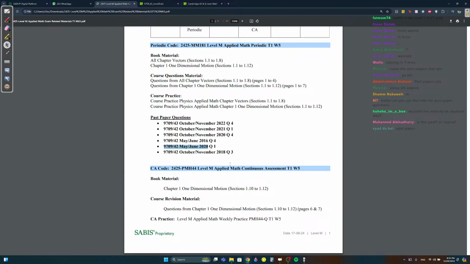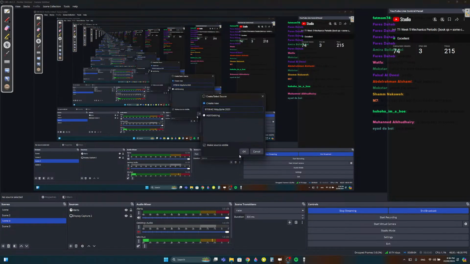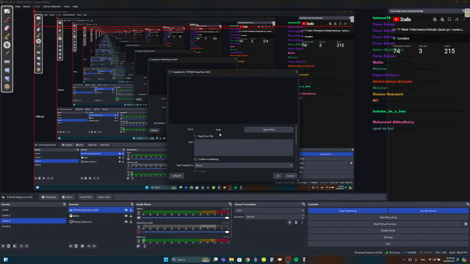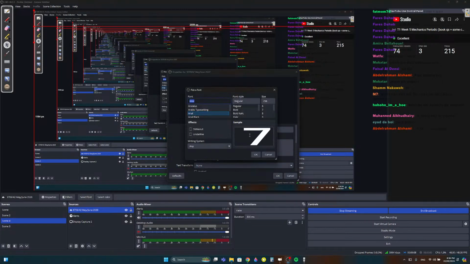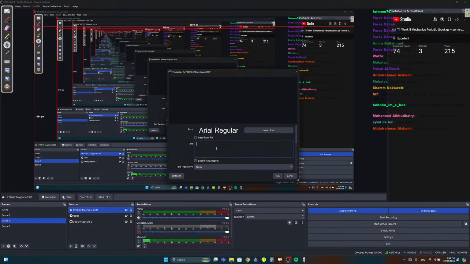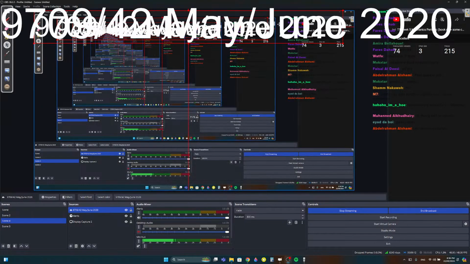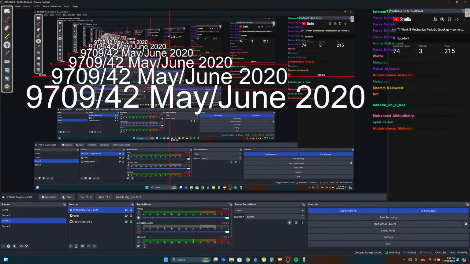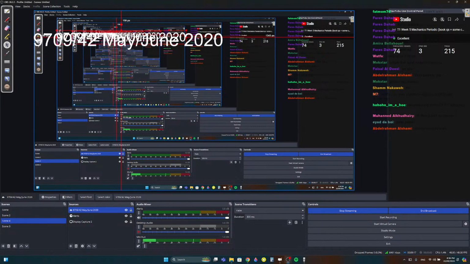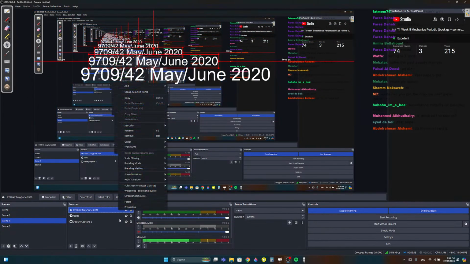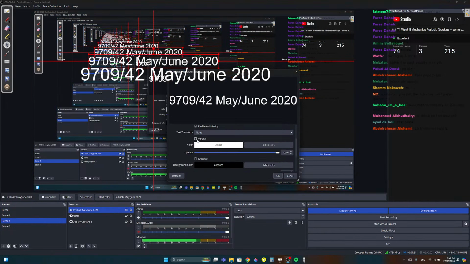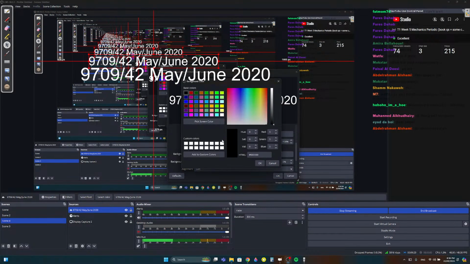I think I can add text. Hold up. Wait, how do I make this black? Or red. How do I make it? Okay, color. Set color.